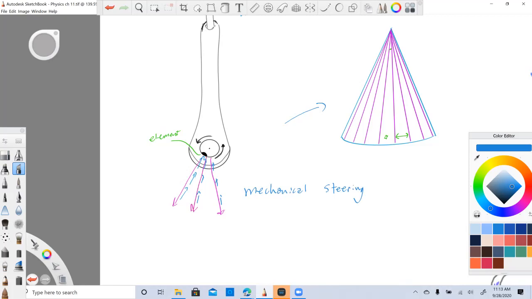Just a quick reminder, an internal. So I'll redraw this element here and bring that back up to here. There's my element. It's not necessarily round on the back. I can make it look more square. But in any case, it has a concave surface.